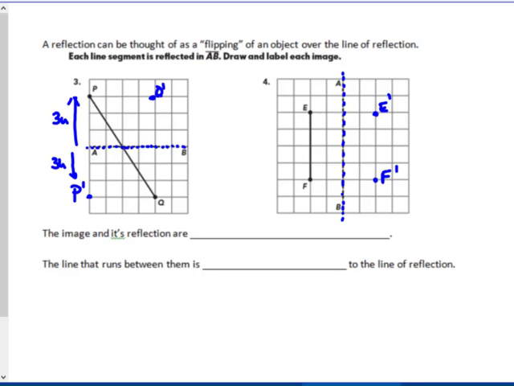The image and its reflection are congruent. They're the same shape and size. That's what congruent means, the same shape and size.